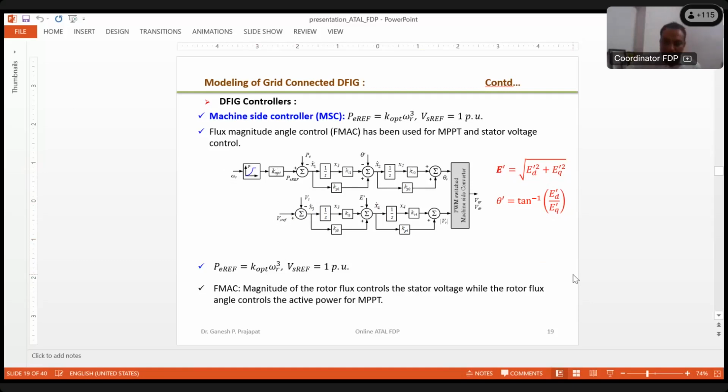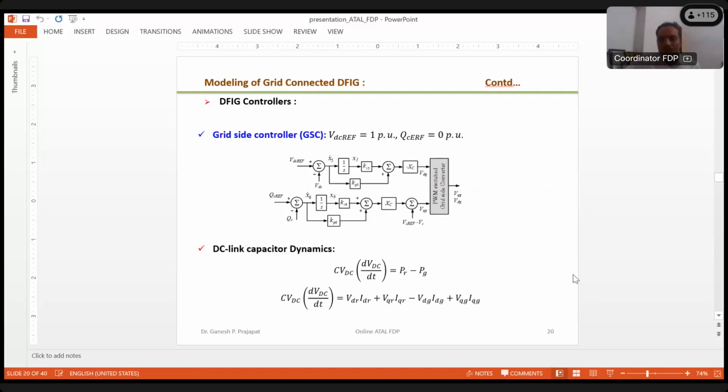Then we have other PI controllers associated with the grid side converter, and they control the DC link voltage and the rotor reactive power. To keep the converter ratings lower, we put the rotor reactive power reference equal to 0, and the reference value of the DC link voltage equal to 1.